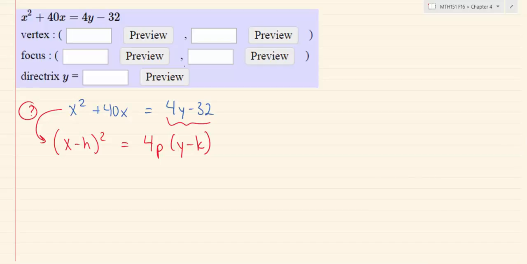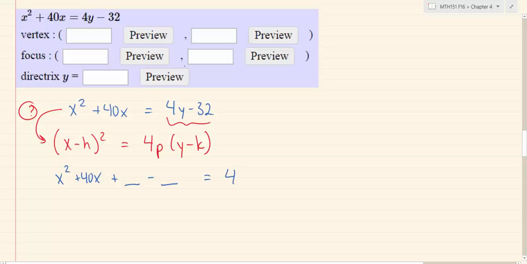What we're looking for is a technique that will take that x squared plus 40x and convert it into a perfect square. We're going to complete the square on that. So you're going to take x squared plus 40x plus blank minus blank equals 4y minus 32. Just when you thought you were done completing the square. Great.